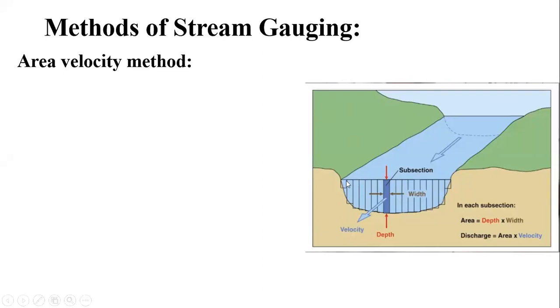So this is B1 or W1, B2 or W2, likewise the width of the last one will be Bn or Wn. And for measurement of the depth, we use a sounding technique, or echo sounder. By that we know the width and we know the depth, so depth into width will be the cross-sectional area.